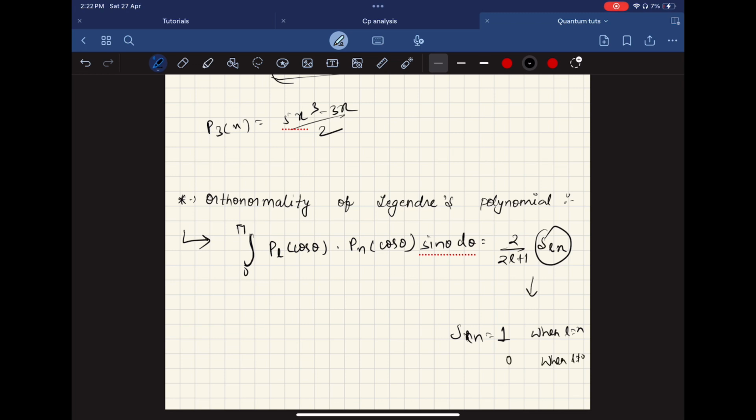So if L equals n, we have 2 upon 2L plus 1, and if not, then we have 0.